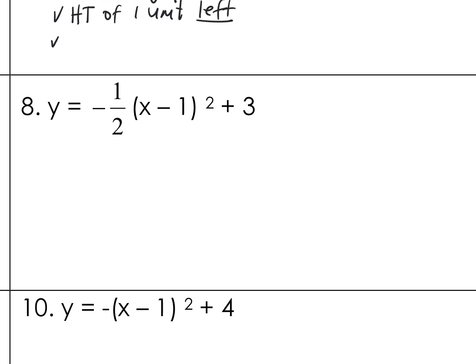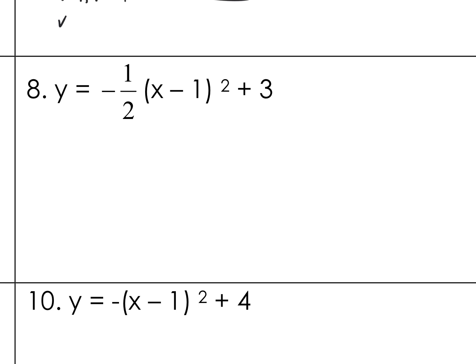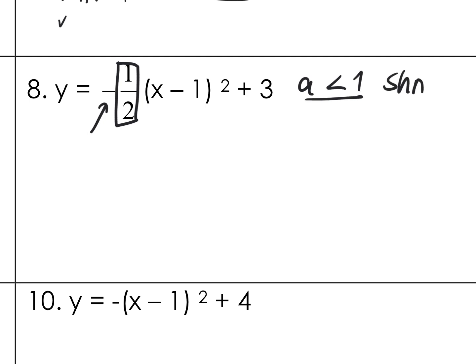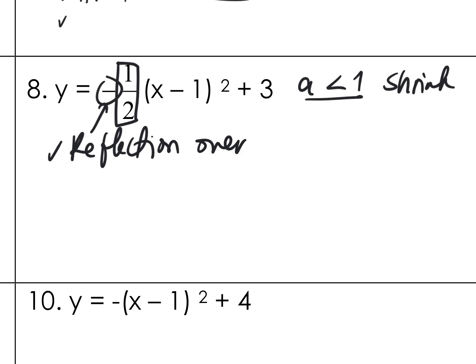Okay, next. So I see a reflection in there because of the negative. There is a factor of 1/2 as its vertical shrink again because our a here is less than 1. So it's going to be a shrink. So let's see. The first one is the reflection. There's going to be a reflection over the x-axis.